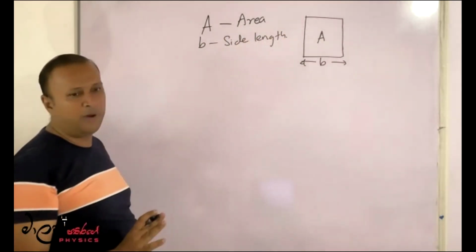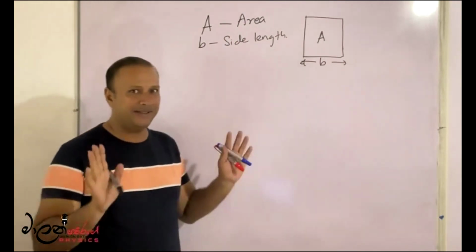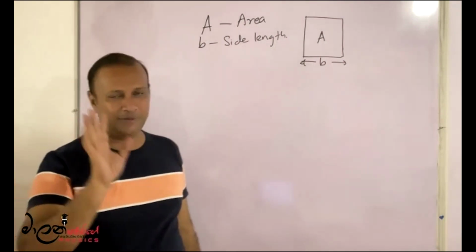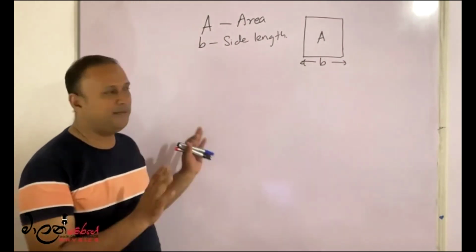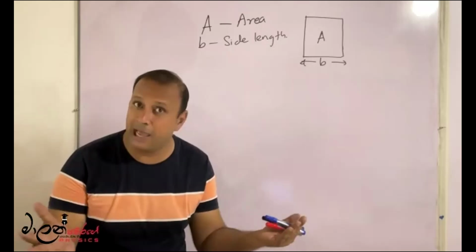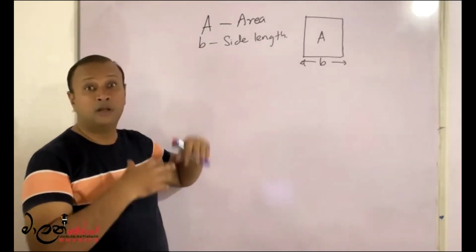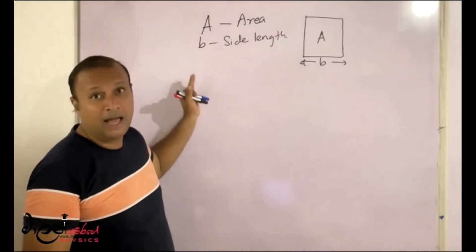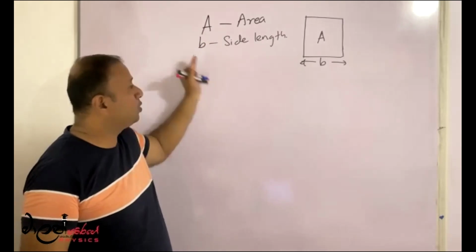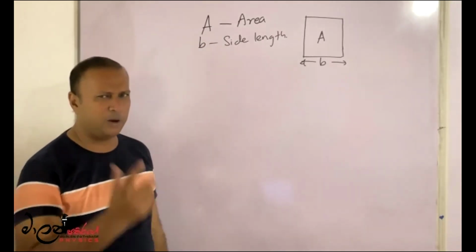Suppose you do not know about the equation. A is the area, b is the side length. Now we are going to derive a formula to represent the relationship between these two physical quantities. How to do that?